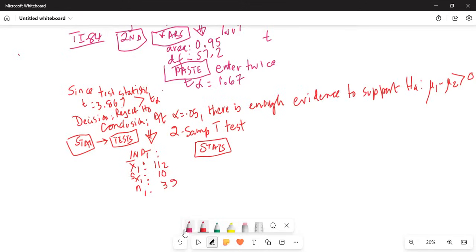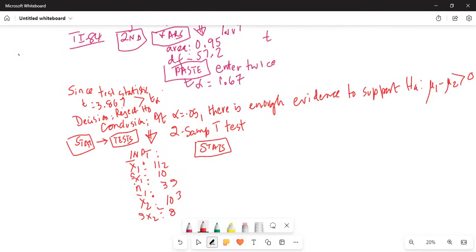My x2 bar is 103. Okay, so type in 103 for x2 bar. My sx2, type in sx2 is 8.